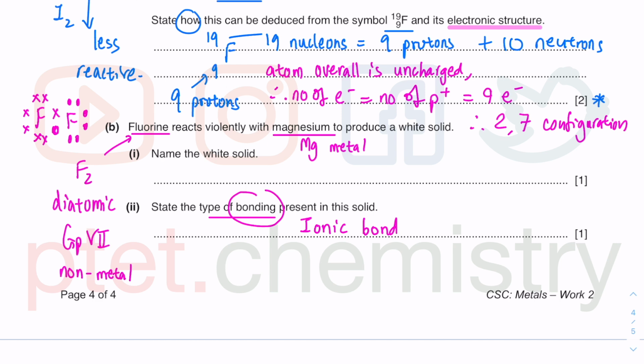You also want the name of the white solid, the compound that fluorine forms with magnesium. It is going to be called magnesium fluoride, with the IDE, because that is Mg2+ and F minus. Group 7 gains 1 electron to complete the outer shell. Group 2, magnesium, third period, group 2, loses 2 outer shell electrons to complete its outer shell. So you have got 1 and 2.